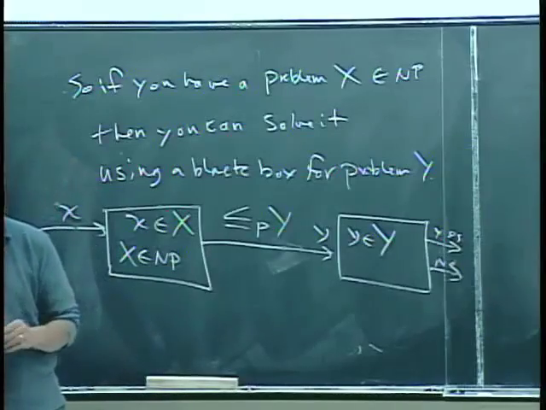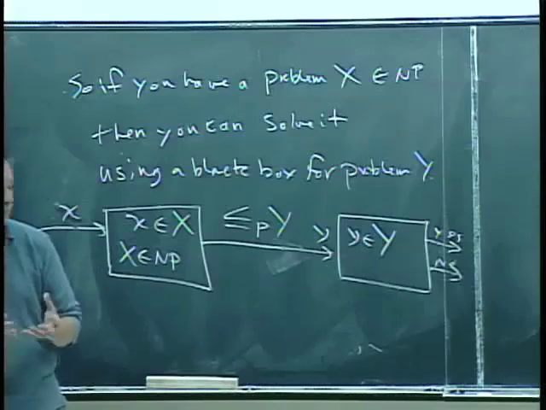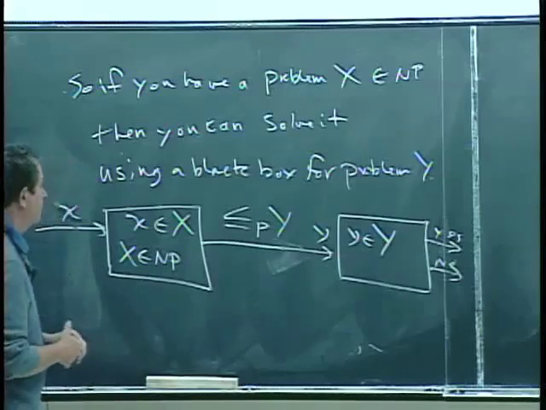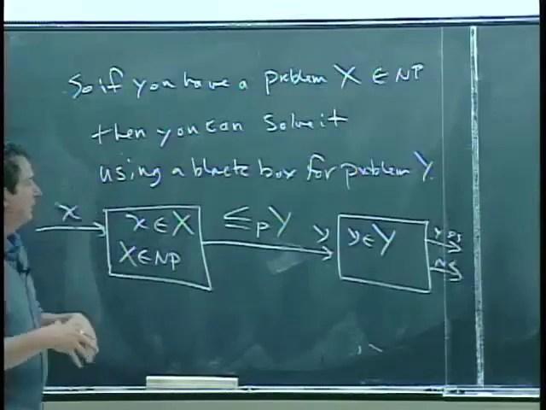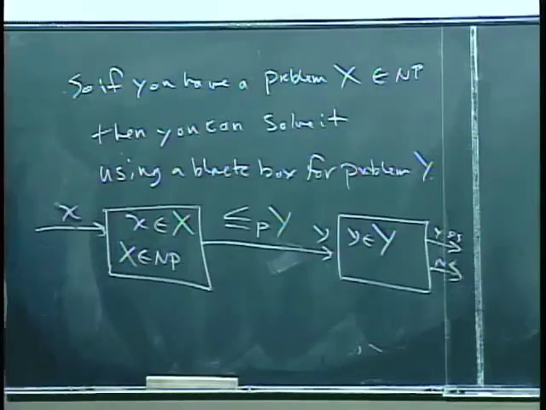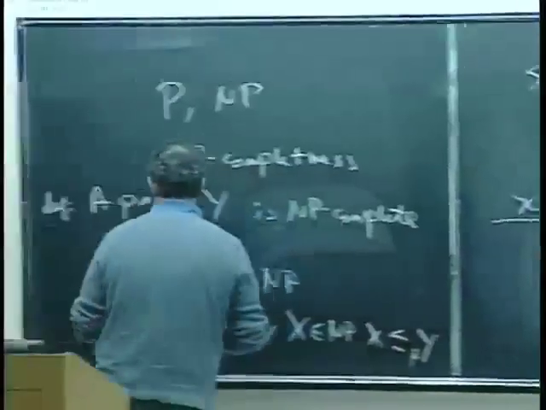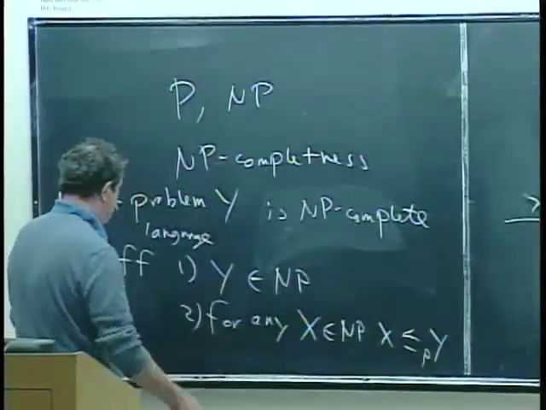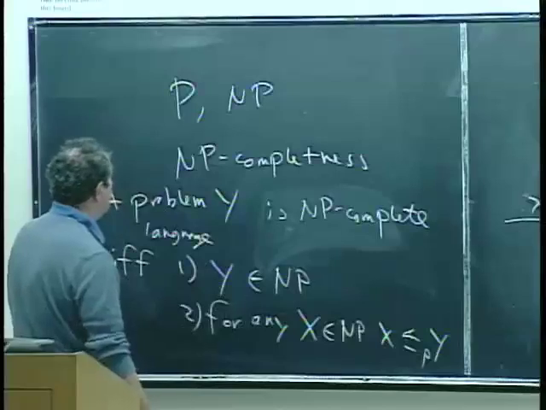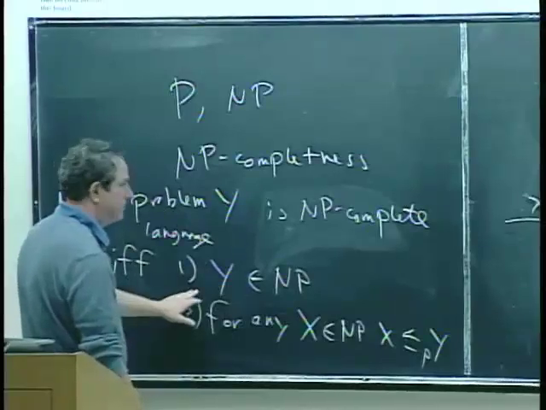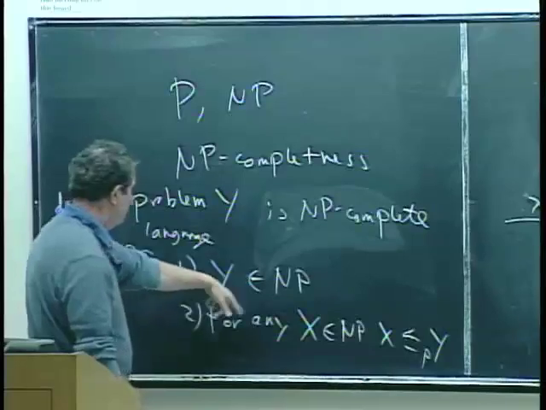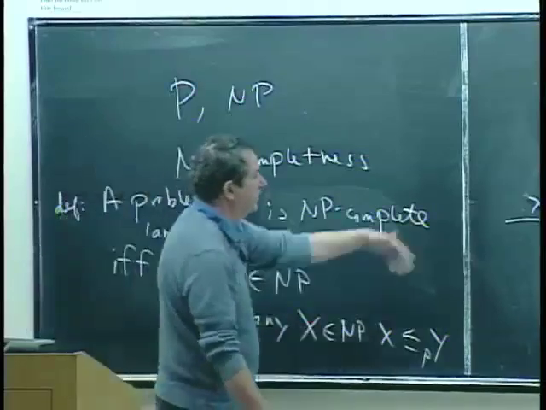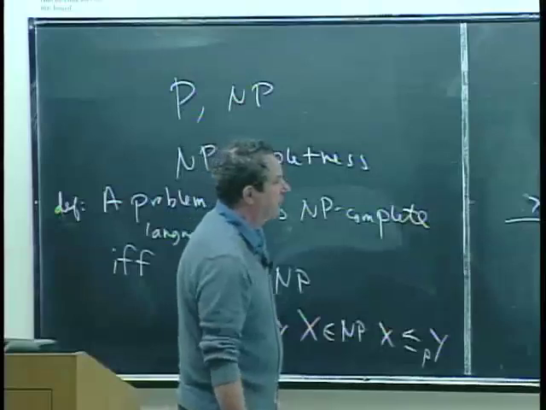You can invent other words for it, but that's where the word complete came from. An NP-complete problem is called complete for NP, complete for the class NP. So this is just, so far, just words, but we're getting closer to something that's of some use. We know what NP is, what the reductions are. Now this is the definition of NP-completeness.